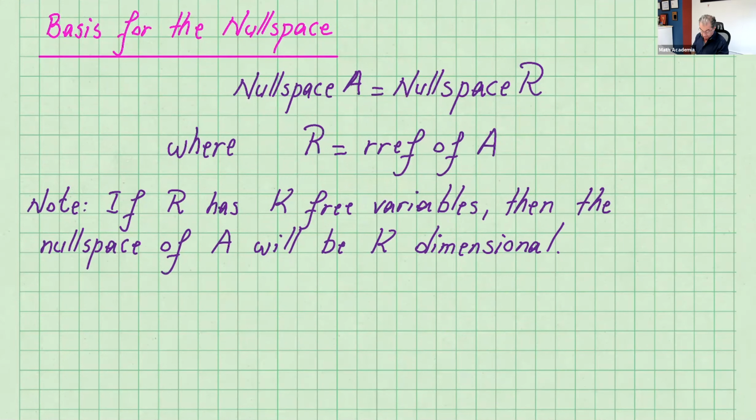If R has k free variables, then the null space of A will be k-dimensional, which is the nullity. So if you want to find the nullity, or the dimension of the null space, you can just count the number of free variables, and that's going to be your number.